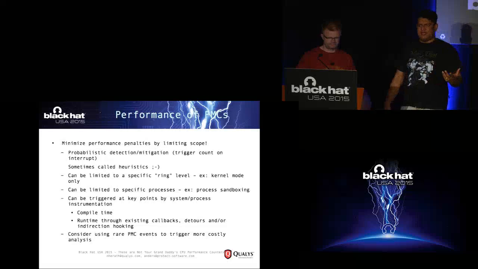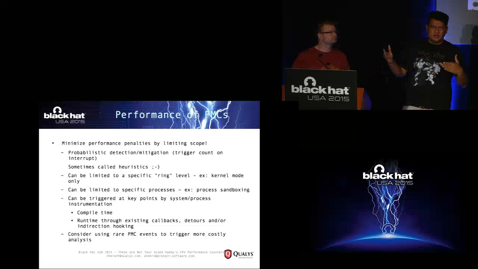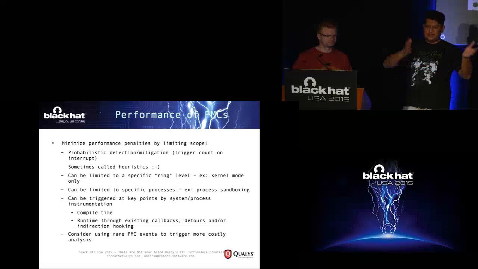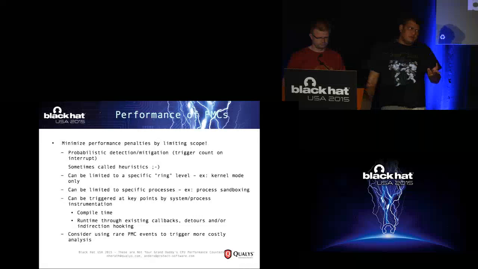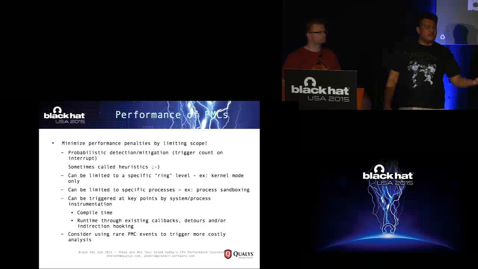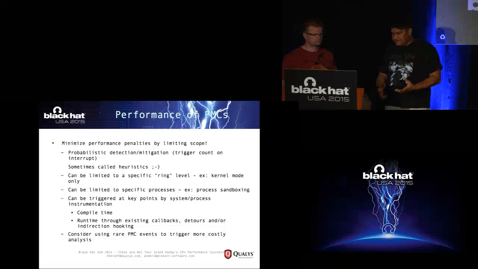That way the actual processing cost will be divided by the number of event parcels. We can also limit this to particular CPU ring levels, like ring 0 or ring 3, between privileged and unprivileged code. By limiting this scope, we limit the number of events and therefore reduce the performance penalties.